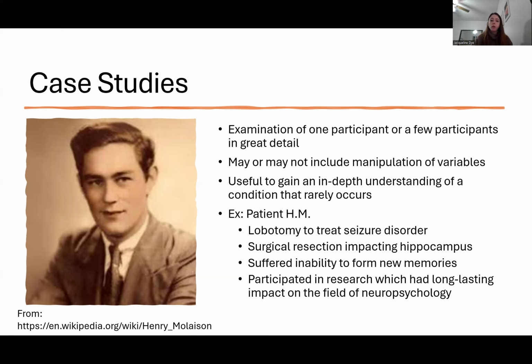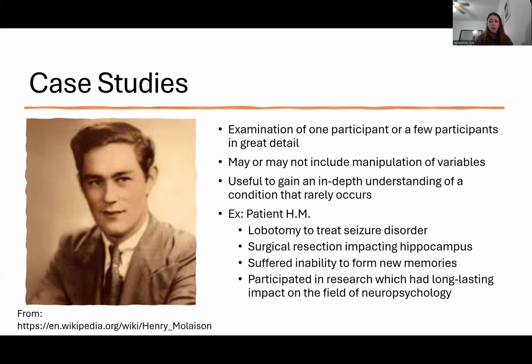So this individual, he was a young man in his late teens, early 20s, and he was experiencing symptoms of a seizure disorder. And at the time, one of the interventions that was used frequently for lots of different ailments was a lobotomy. And so for those that don't know, a lobotomy is a surgical procedure.